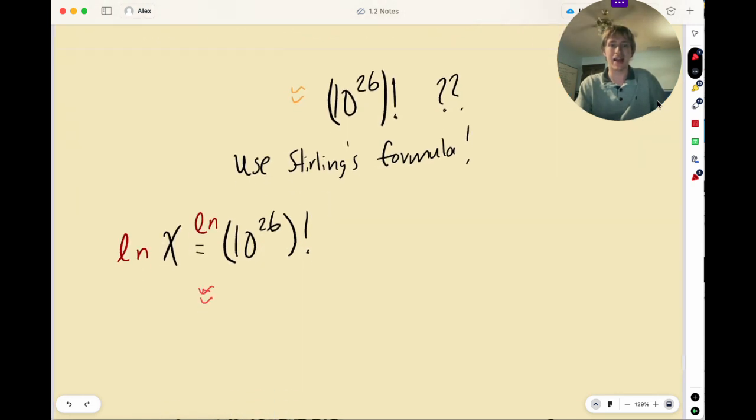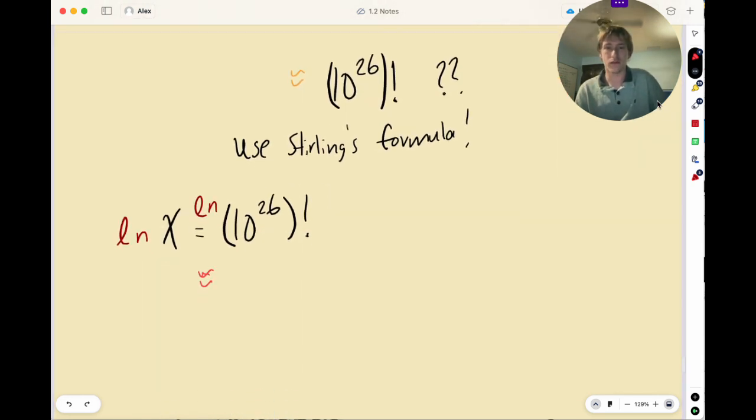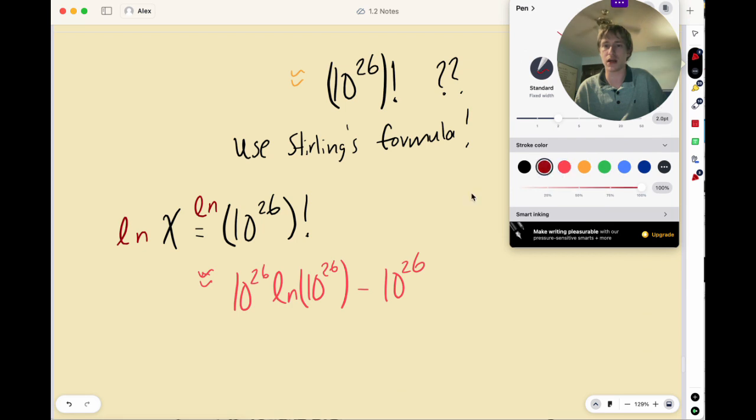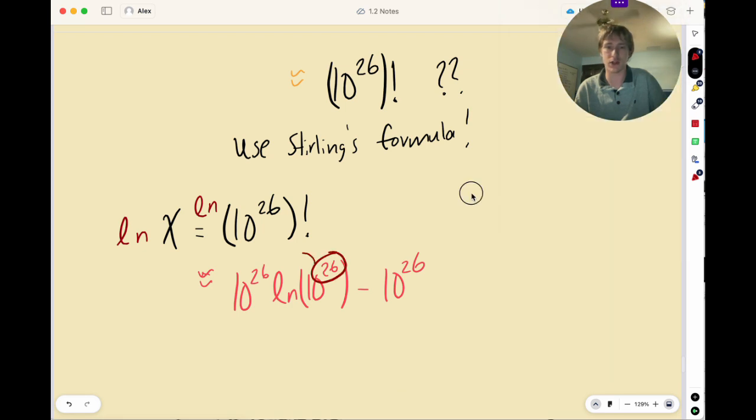So it's going to be 10 to the 26 ln 10 to the 26 minus 10 to the 26th power. Okay. And we can do that fairly easily, because we have a natural log, which means this exponent is just going to move over, and we can subtract these.